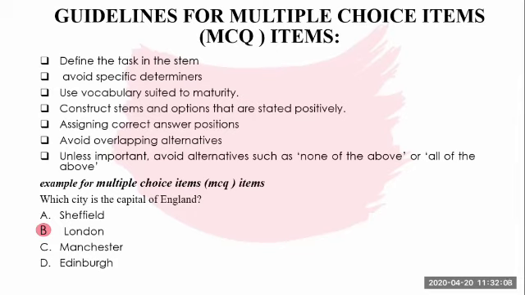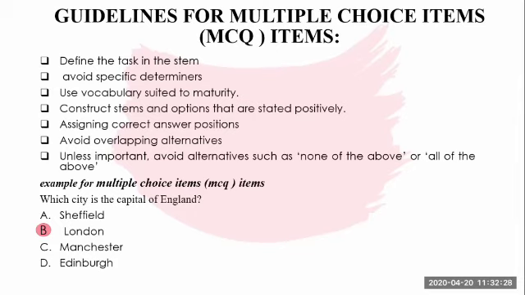Second is avoid specific determiners. The stem should not contain clues to the correct answer, especially the option length. The longest option is frequently the right one.